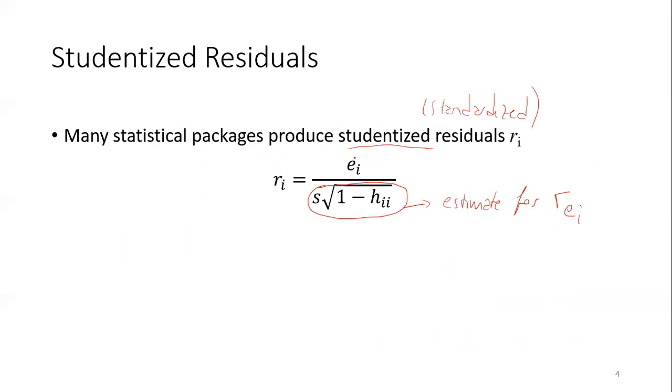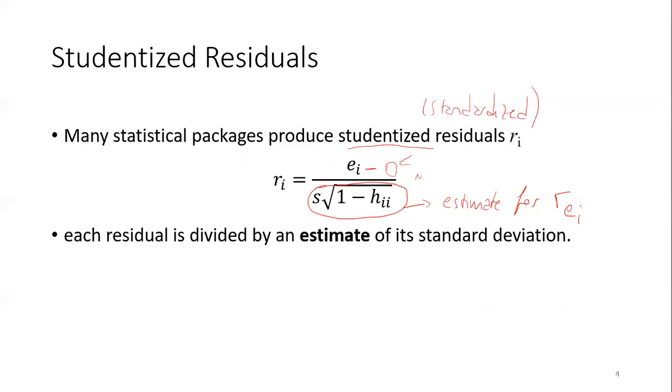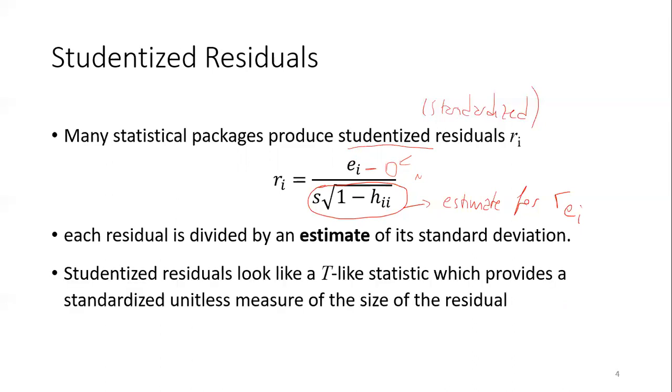And this is e_i minus 0, because 0 is the expected value of e_i. So it is e_i minus its expected value divided by its standard deviation. What we expect to see here is a sort of t distribution. The studentized residuals look like a t-like statistic, which provides a standardized, unitless measure of the size of the residual.